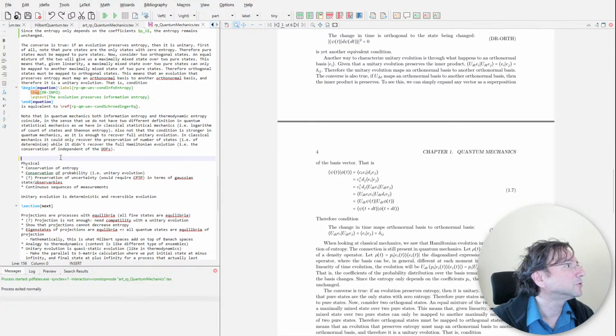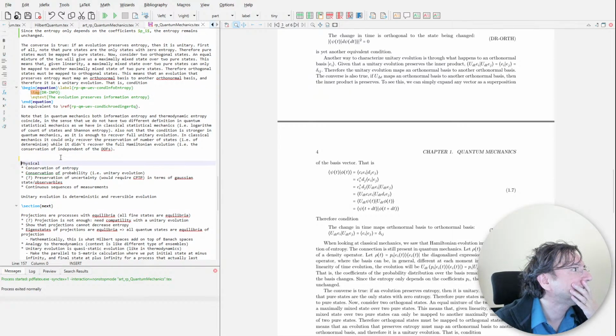Okay, so let's start with this. What did I mean by conservation of probability? I don't quite know what that means.